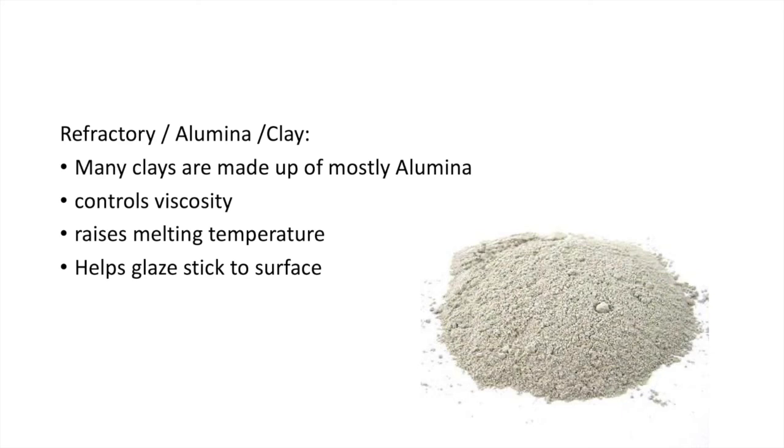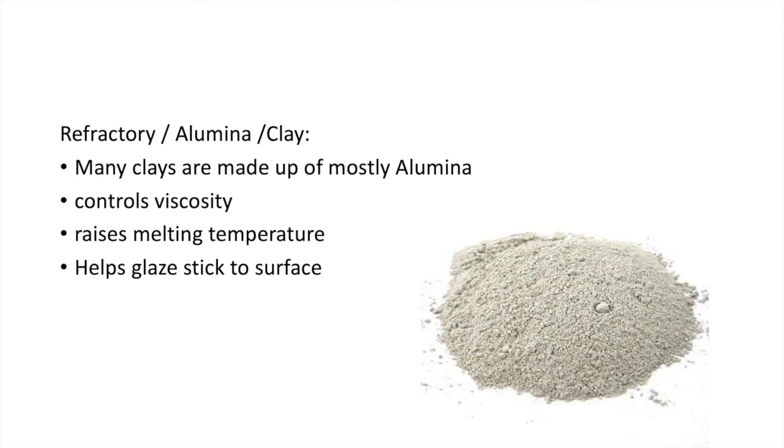It controls the viscosity, so it controls how much that glaze will flow, right? So if your glaze is running off of your pot, I need more alumina to keep that glaze from running off of the pot. It raises the melting temperature.